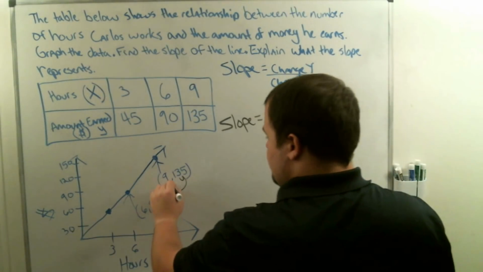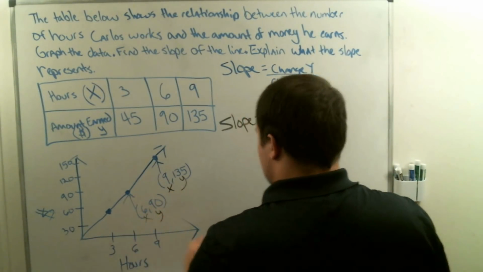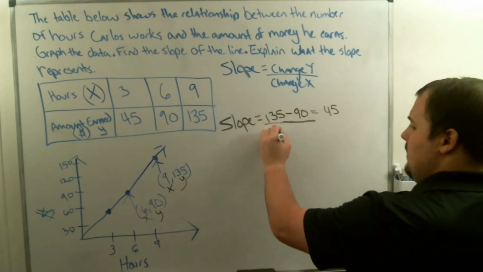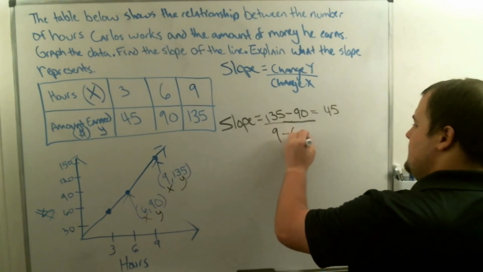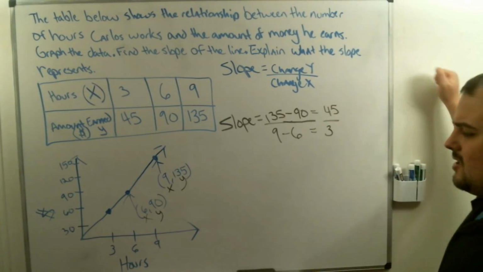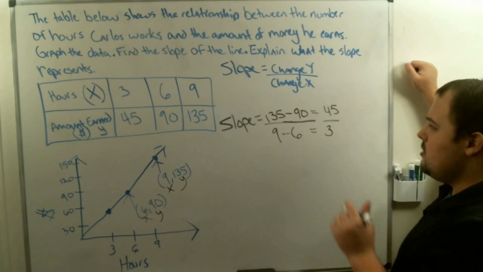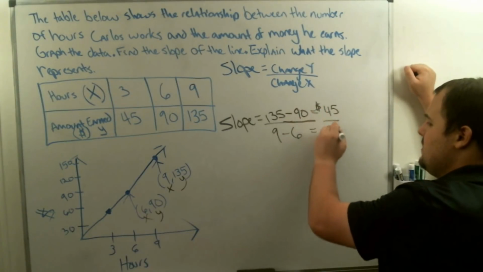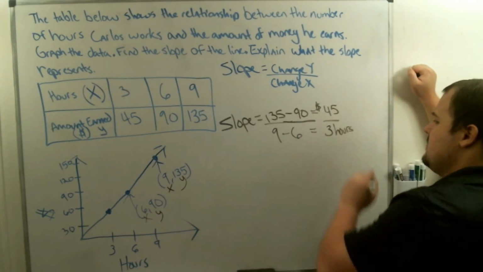And then I'm going to take my x's and figure out the change in those. So 9 minus 6 is equal to 3. So what this tells me is that on average, Carlos is making $45 in 3 hours.